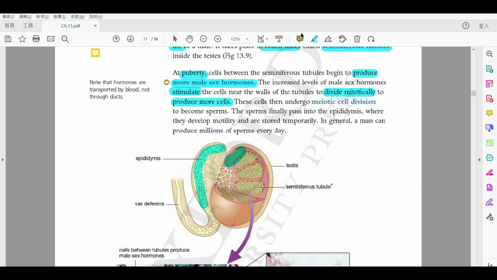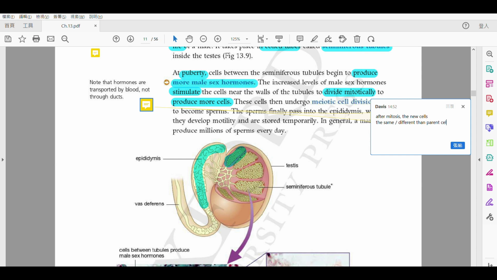First of all, I want to ask you: after mitosis, will the new cells be the same as or different from the parent cells? The answer is the same.